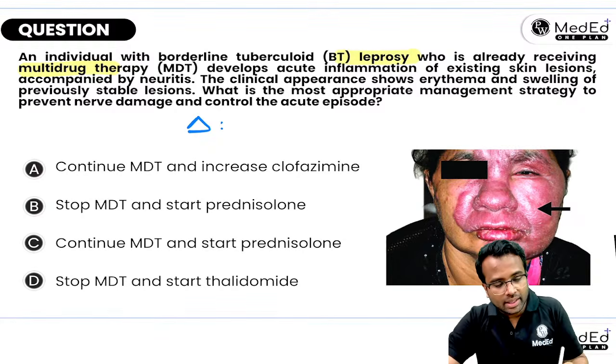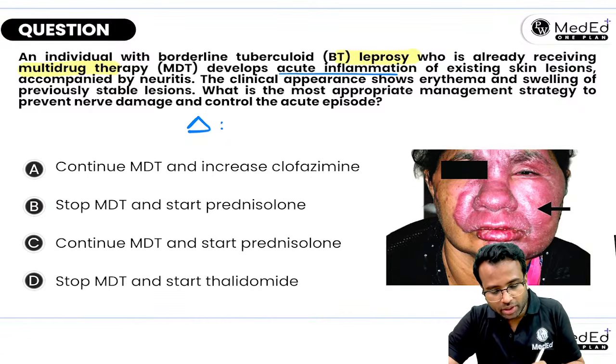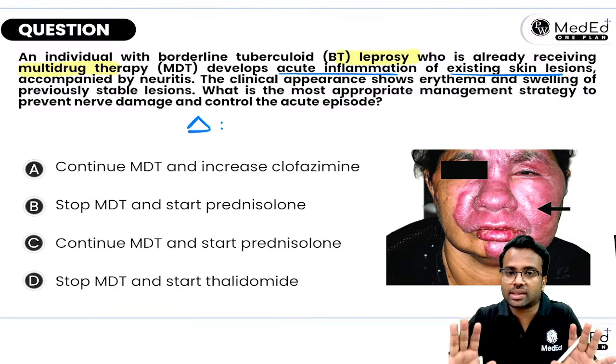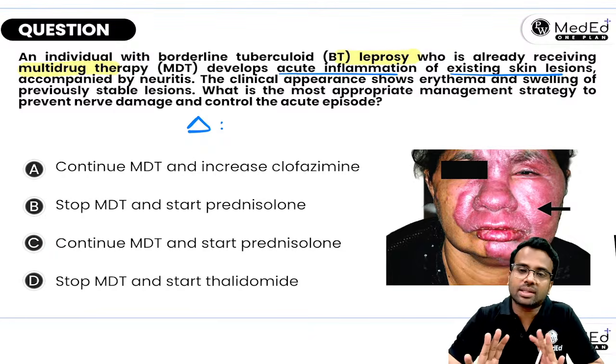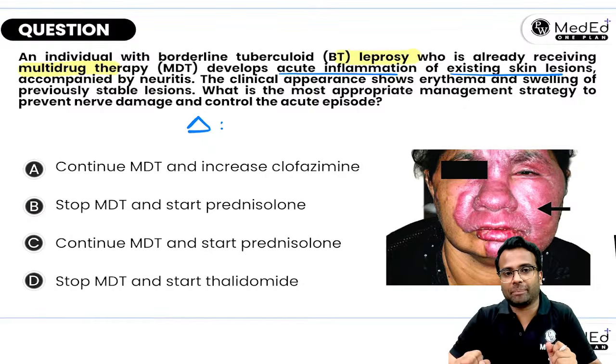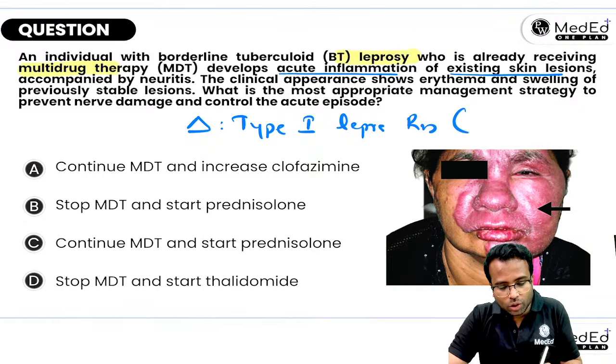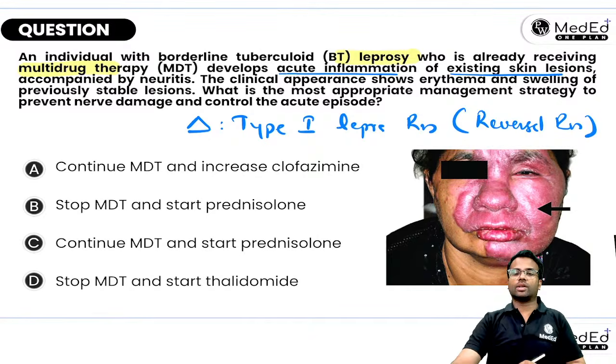The clue here is there is an acute inflammation of the existing skin lesion. Which means there are no new skin lesions here. Only existing skin lesions are getting inflamed. So we are talking about type 1 lepra reaction, which is also called a reversal reaction.